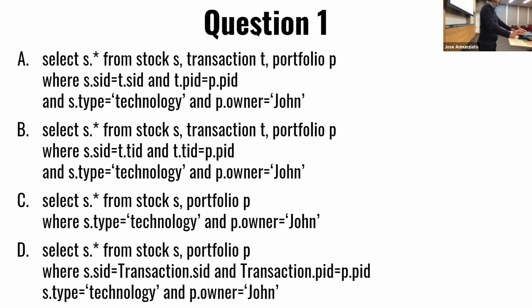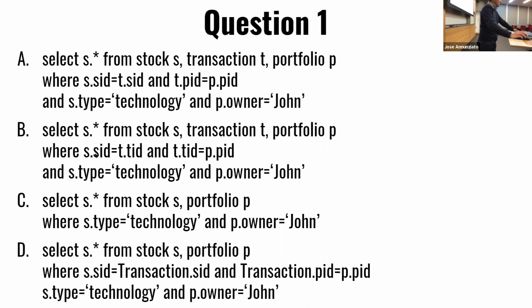So is there something clear that is wrong with either one? Looks like both of them are correct where the type is technology and the owner is John. They both declare all three tables, but the where clause seems slightly different. A quick check is making the foreign key of one equal to the primary key of the other.